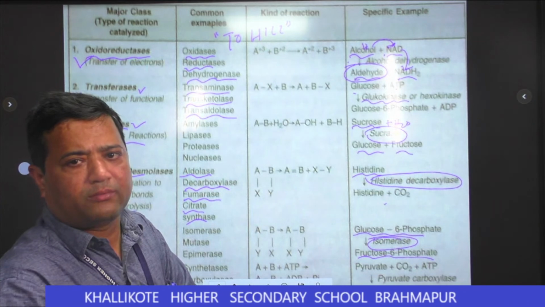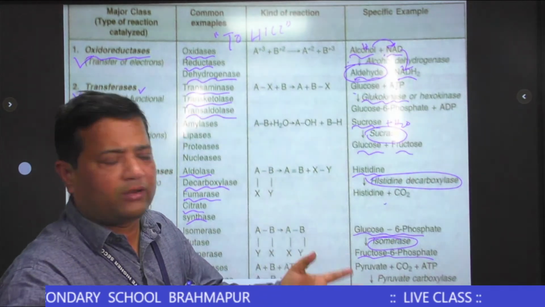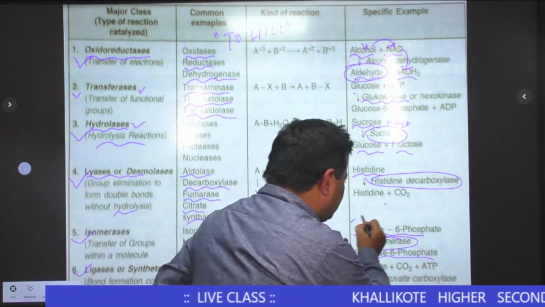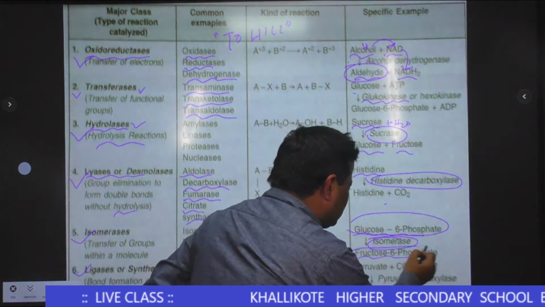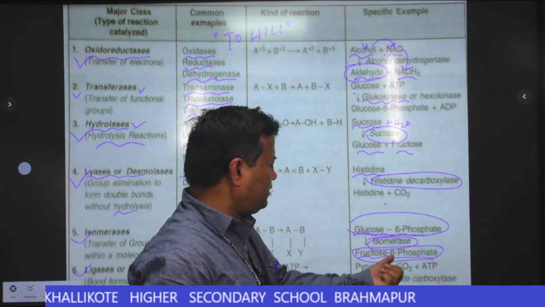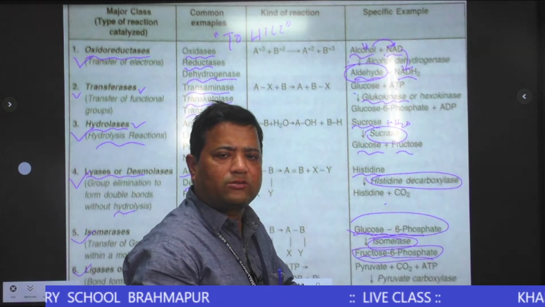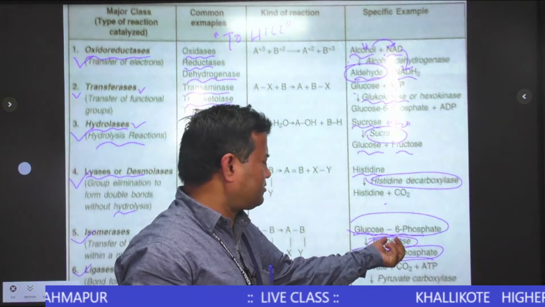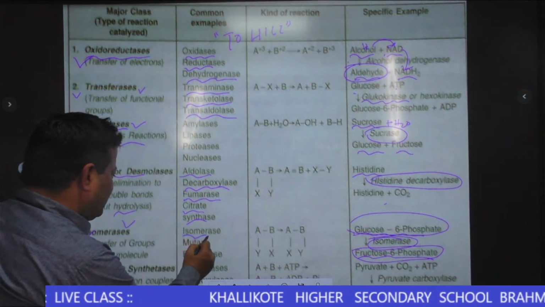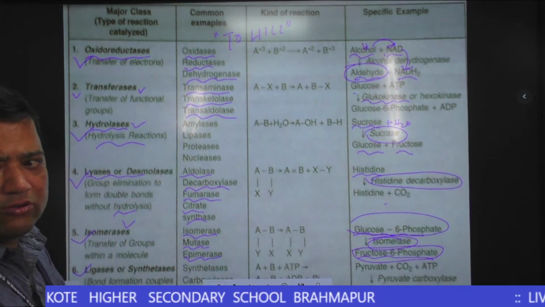Isomers are compounds having the same molecular formula but different molecular structure. Here glucose 6-phosphate is an isomer compound, and fructose 6-phosphate is another isomer compound. Phosphohexoisomerase is one type of isomerase enzyme; mutase and epimerase enzymes are also all included under isomerase enzyme.